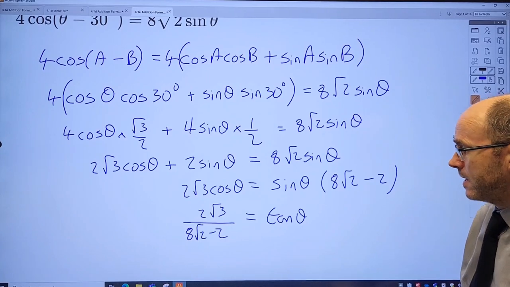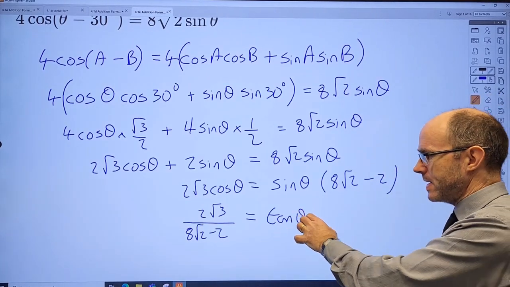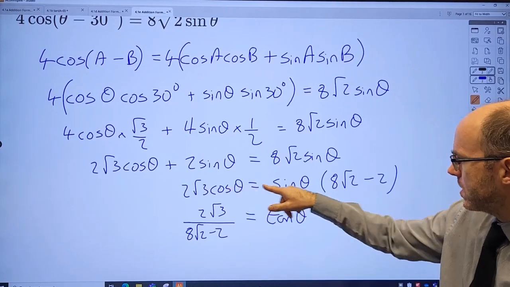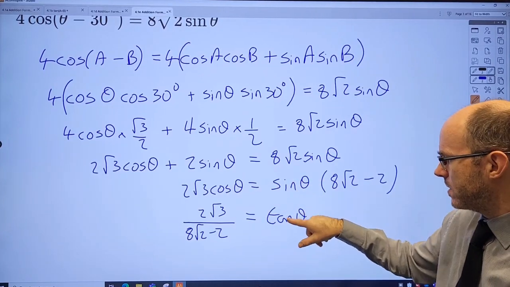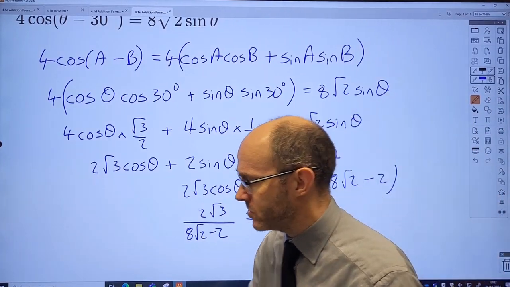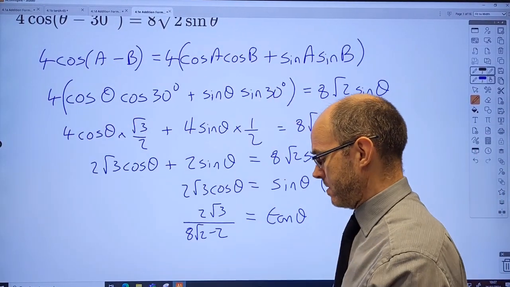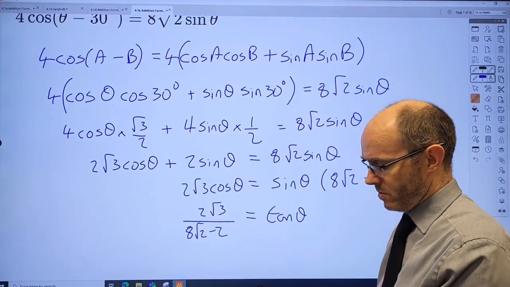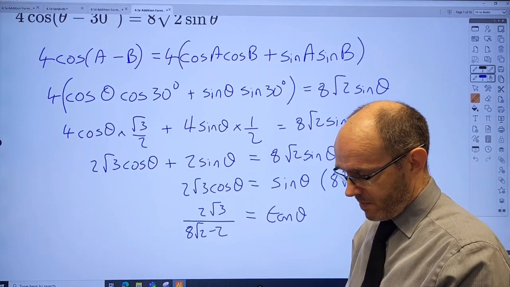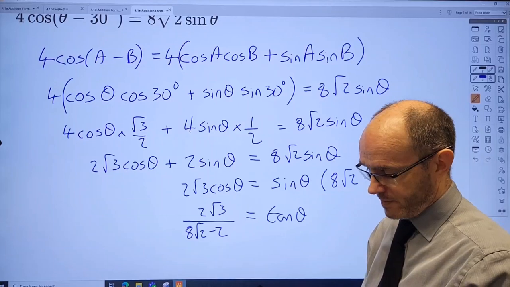All right. And we're very nearly there, because once you've got tan theta equals something, you can go ahead and work out what theta is. Okay, so like I said, cosine over to that side, sine over cosine is tan, and then this over that side, you've got this. That's an awkward number, but that's the number. So if I just work out what that is, bear in mind, I'm not good at typing on my calculator and talking at the same time.